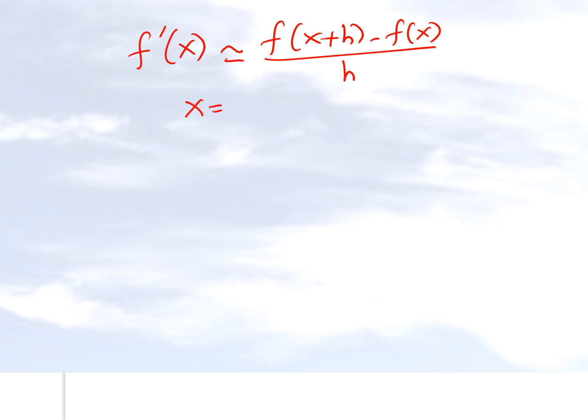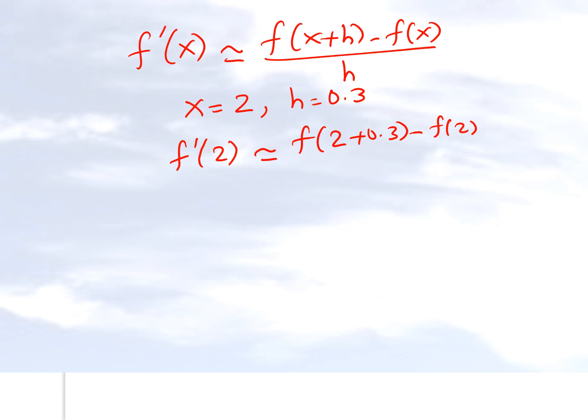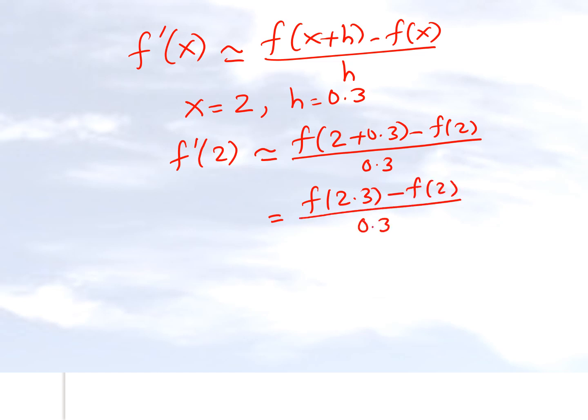Our value of x is 2, since we are trying to find the derivative at 2. The step size h is given as 0.3, so f prime of 2 is approximately this. We have to calculate the value of the function at 2.3 and 2, and the difference has to be divided by 0.3.